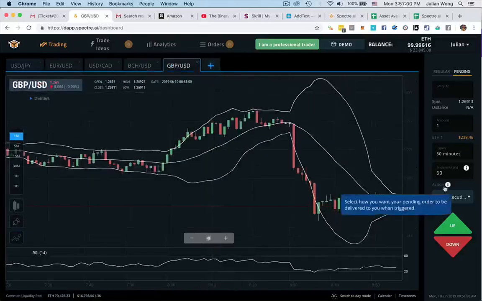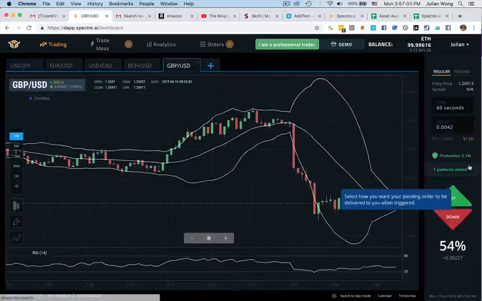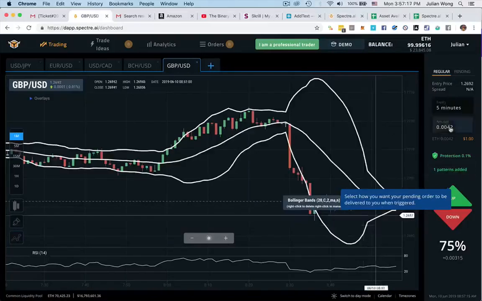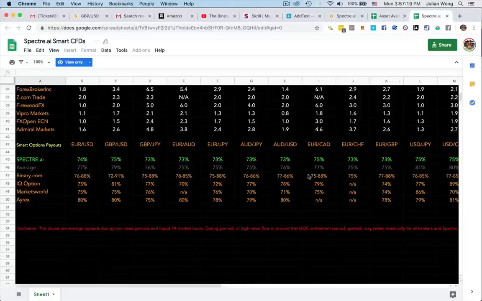Let's have a look at that one. So the payout is 54% for the 60-second. Let's go up to the 10-minute, and it's 75. Let's go down to the 5-minute. I generally notice that 5-minute has a decent payout, but on the lower one, it could be liquidity at times. So you really have to explore it.